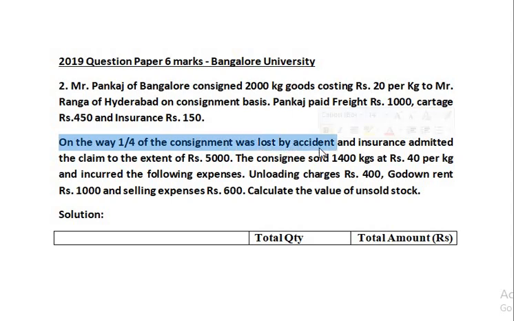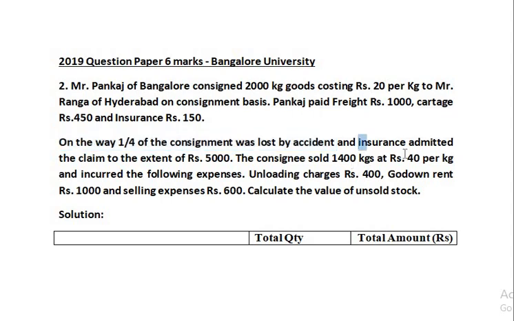Normal loss means the loss arises because of leakage, evaporation, breakage or drying, etc. Abnormal loss arises because of unexpected or sudden events like fire, flood, earthquake, accident, or theft. In this problem, the goods were lost by accident, so it's an abnormal loss.